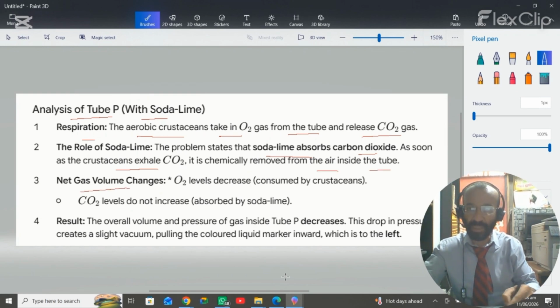So the net gas volume: the O2 level decreases, consumed by the crustaceans, and the CO2 level does not increase, absorbed by the soda lime. So the result is that the overall volume and the pressure of the gas inside P decreases. This drop in pressure creates a slight vacuum, pulling the colored liquid marker inward, which is to the left.